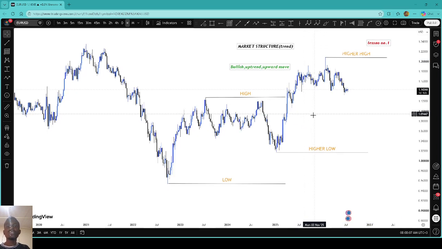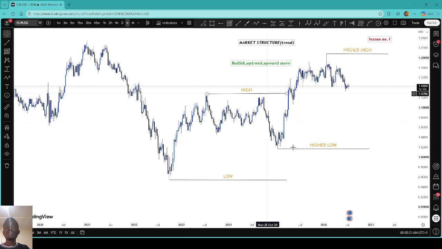You don't need to complicate or overdo everything in the markets. Since you already have this, many people now consider this as an uptrend. Now this one is a bullish trend, an upward move.